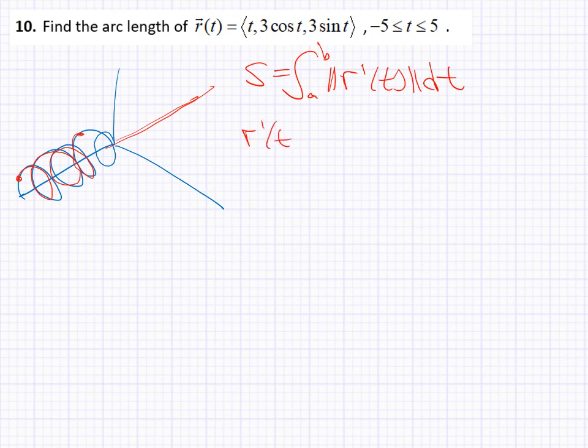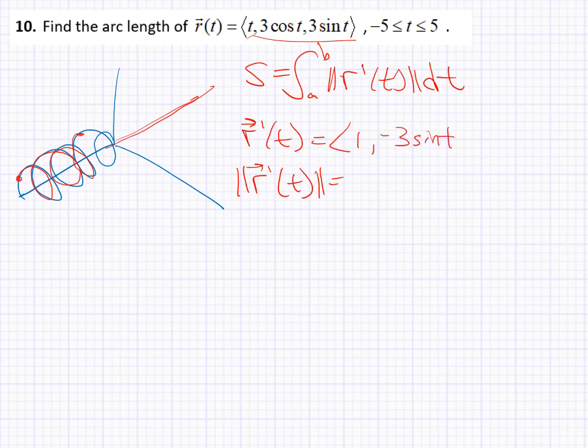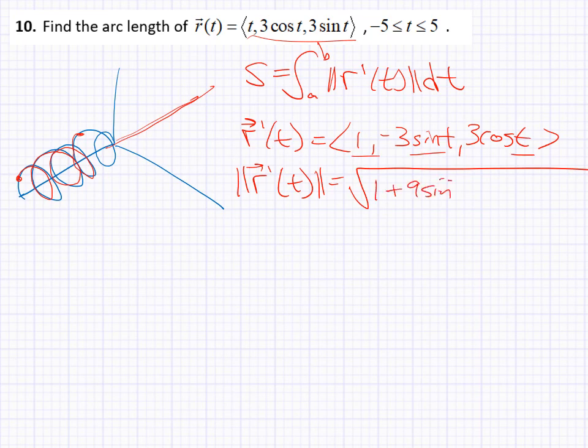To take the derivative of, we're going to get 1, we're going to get negative 3 sine t together, so 1 plus 9 sine squared.